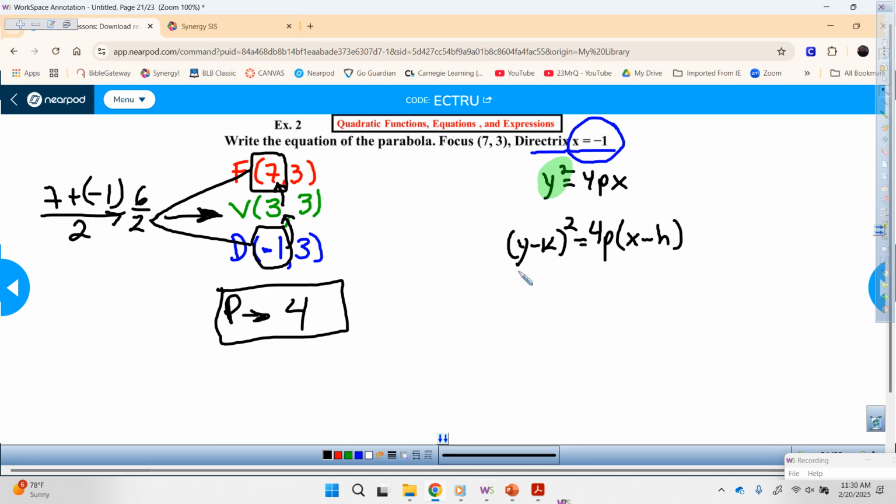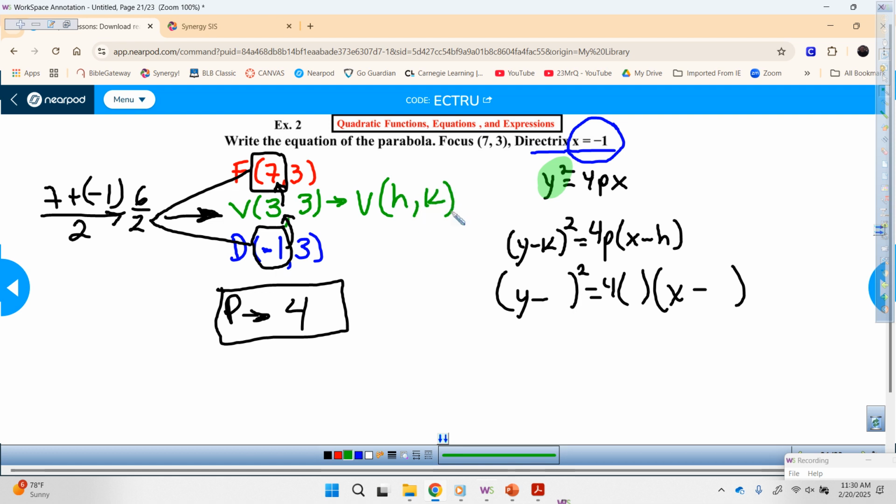All right. So now that we have all our information, y minus blank squared equals 4 parentheses x minus blank. And just a reminder again, the vertex is always h and k. So, show your neighbor what you wrote here, here, and here.